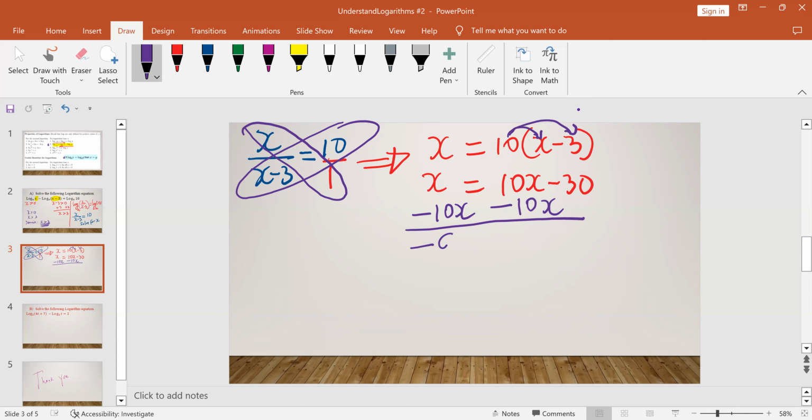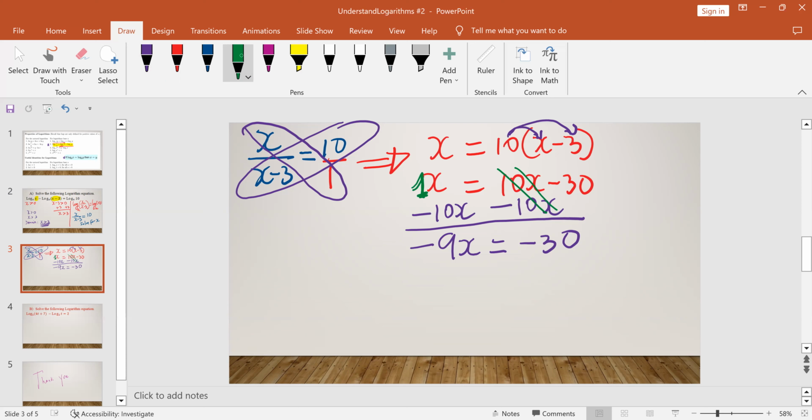Therefore, here we have a negative 9x is equal to negative 30. So x here is like a 1x. The coefficient is 1. So 1 minus 10 is negative 9.